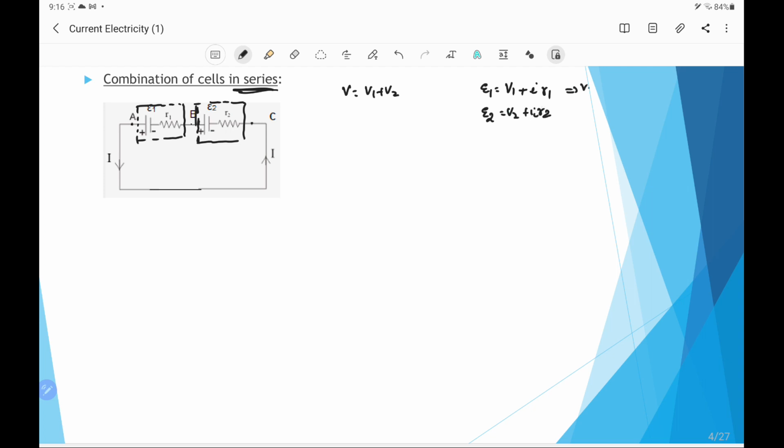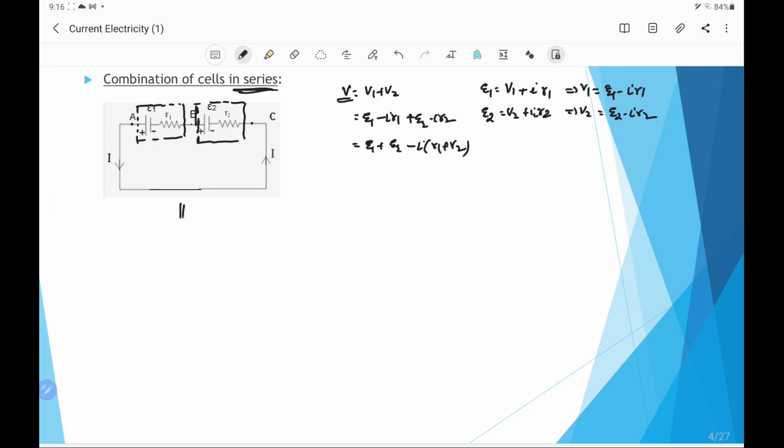Therefore we can write V1 equal to E1 minus I R1, and V2 equal to E2 minus I R2, and we replace these values of V1 and V2 here. It is E1 minus I R1 plus E2 minus I R2, and this will give E1 plus E2 minus I times (R1 plus R2). And here this V is the total potential difference across A and C.